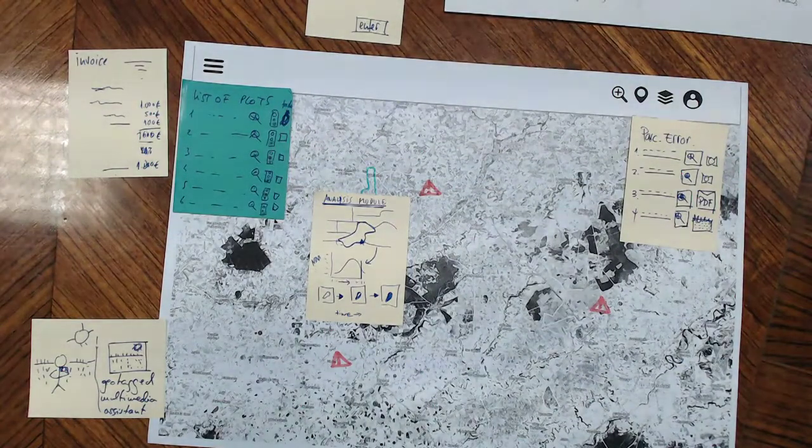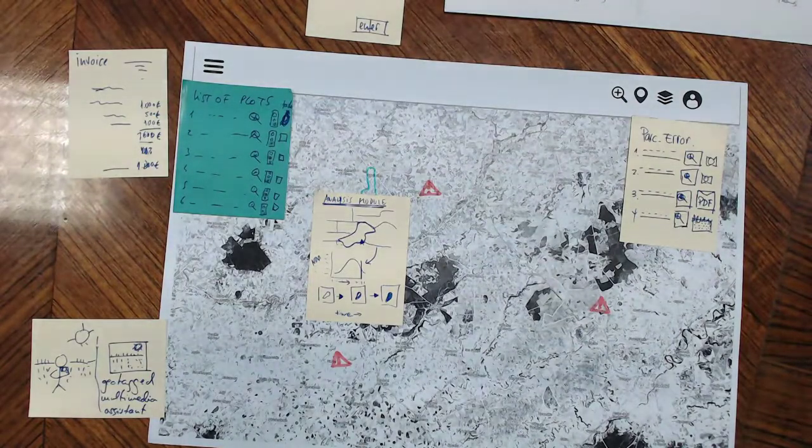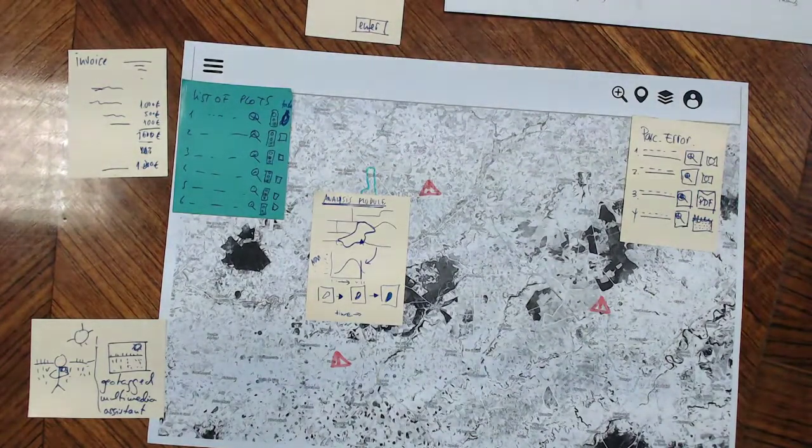And the degree of accuracy of this decision will be the confidence the farmer will have in the whole system. If we are wrong in these results, we won't achieve the confidence of the farmer.